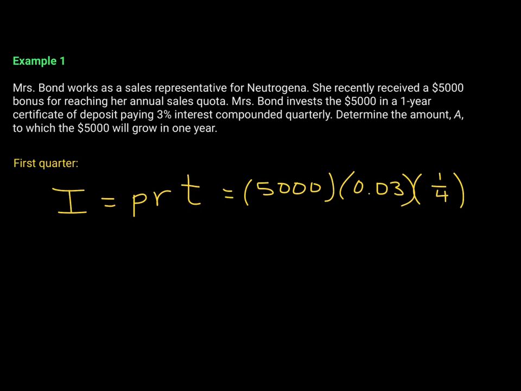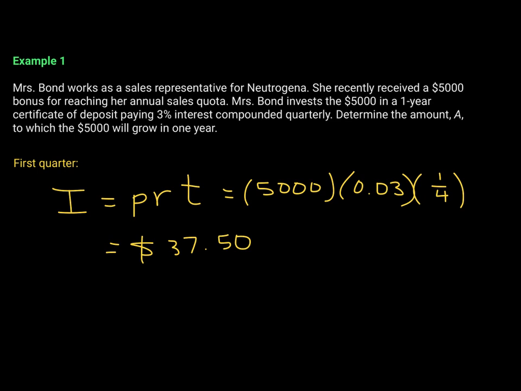It's 1/4 of the year, right? Or 3 months out of 12 months. Anyway, this is equal to $37.50 that Mrs. Bond earns in interest.